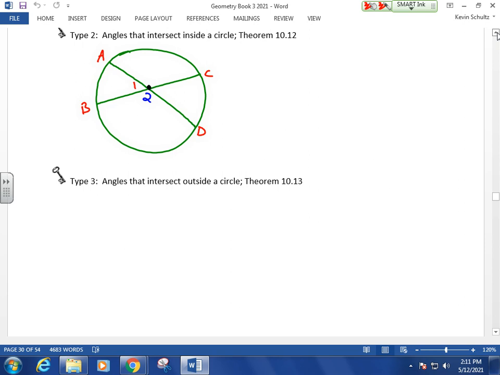This one is all about the vertical angles because the measure of angle 1 is going to be equal to half the sum of the arc that it and its vertical angle create. So what arc does angle 1 create? It creates arc AB. What arc does its vertical angle create? The one exactly across from it. It creates arc CD. And so the measure of angle 1 is going to be half the sum of the arc that it and its vertical angle create.